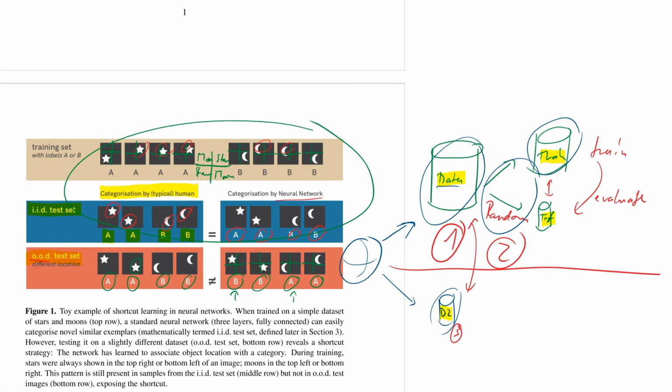So this training set is this, the test set is this, and both have this moon-star property because that was introduced. So this pattern here, by accident in this case, was introduced when the data was produced, right?